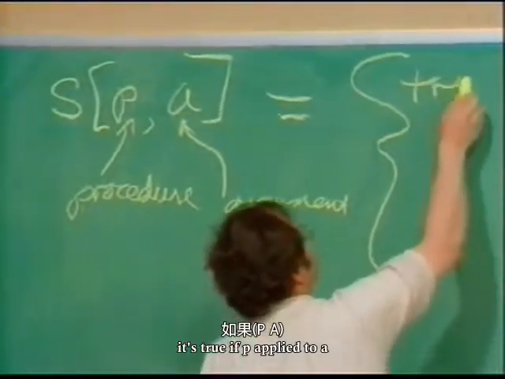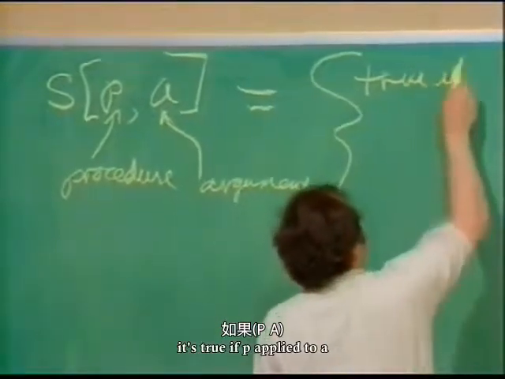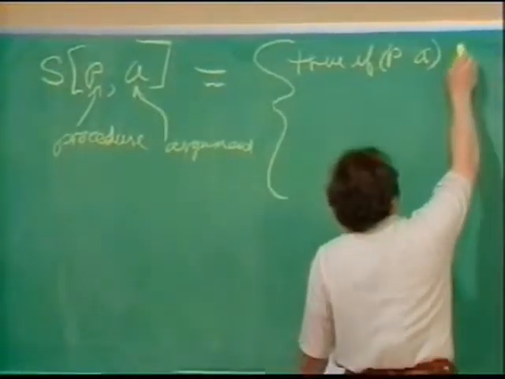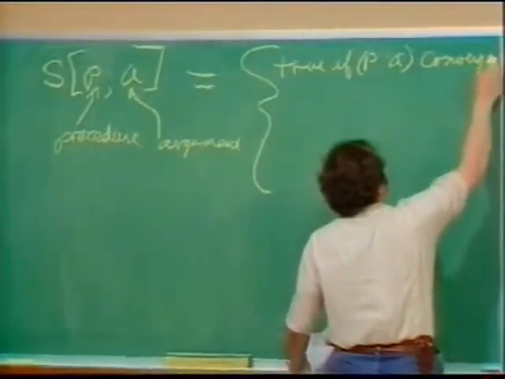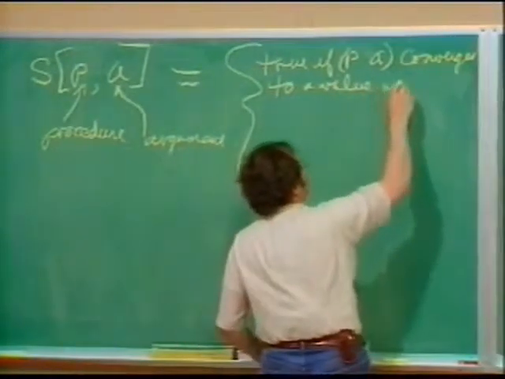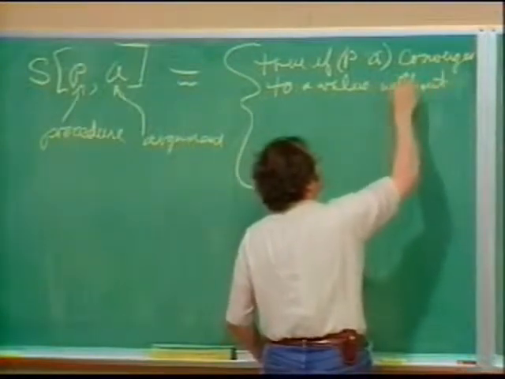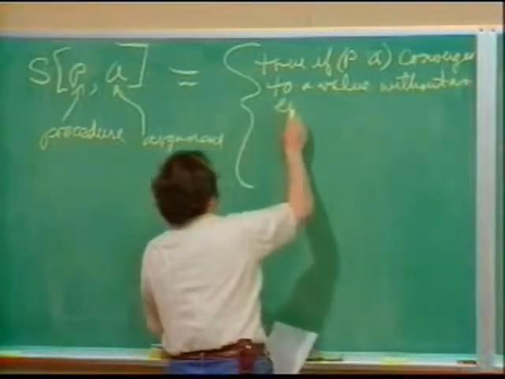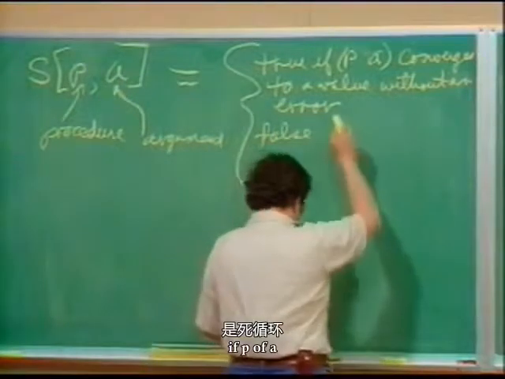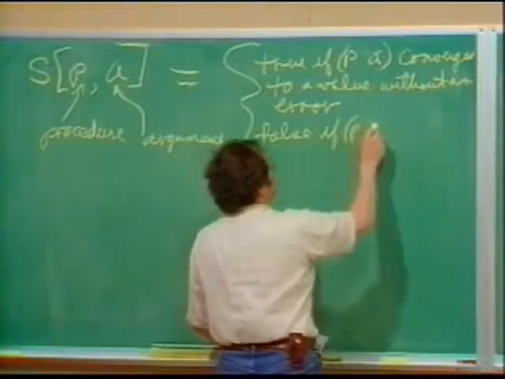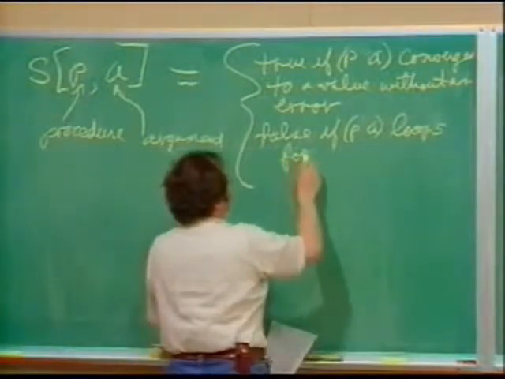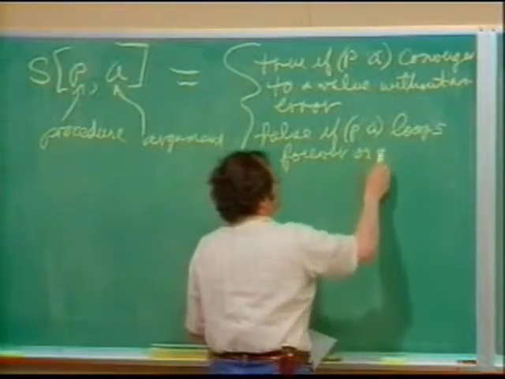It's true if P applied to A will converge to a value without an error. And it's false if P of A loops forever or makes an error.